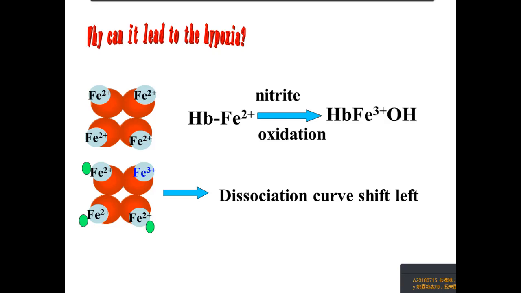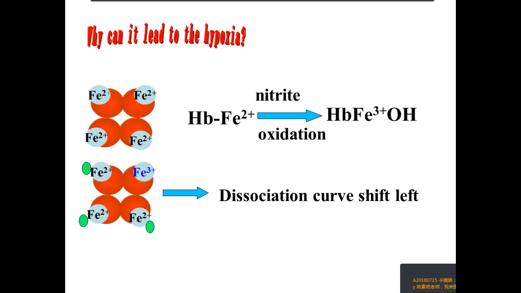The pathogenesis also includes 2. First, nitrate is an oxidizer, so it changes the ferrous state of hemoglobin to the ferric state. The ferric state can't carry the oxygen, so the oxygen supply decreases. The other, one hemoglobin has 4 ferrous states.